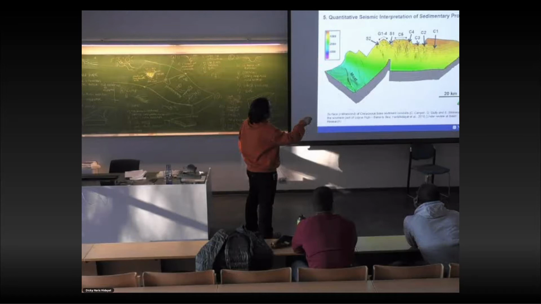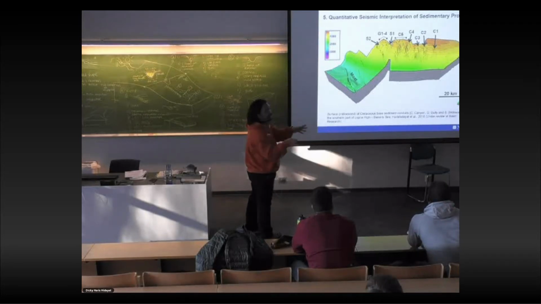But this gully here doesn't have any source of sediment. So this gully is just because of longshore drift current from this to this direction. So the process of erosion in the gully is less than in the canyon.